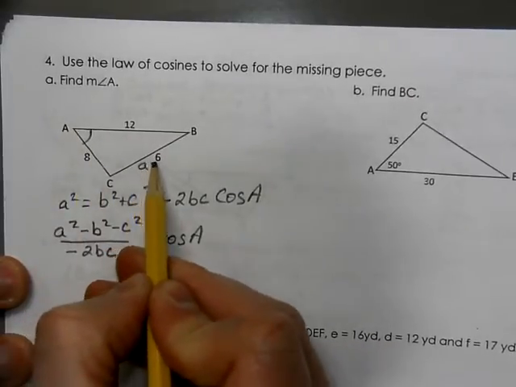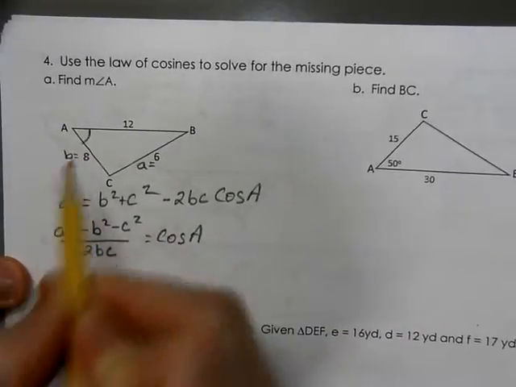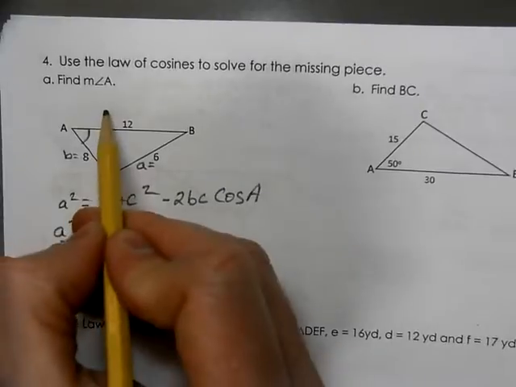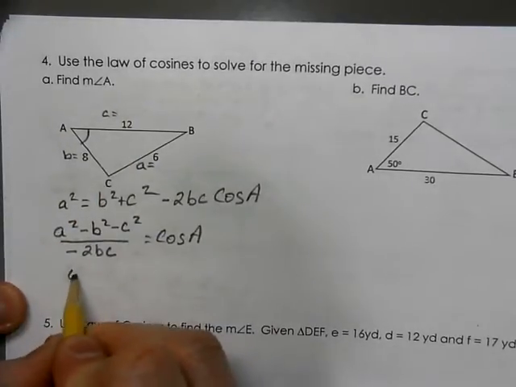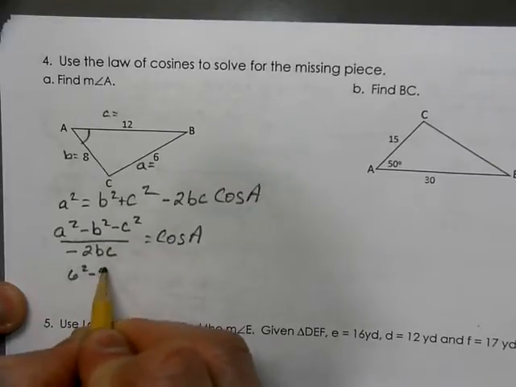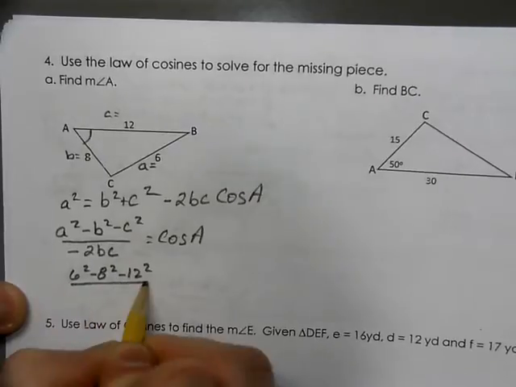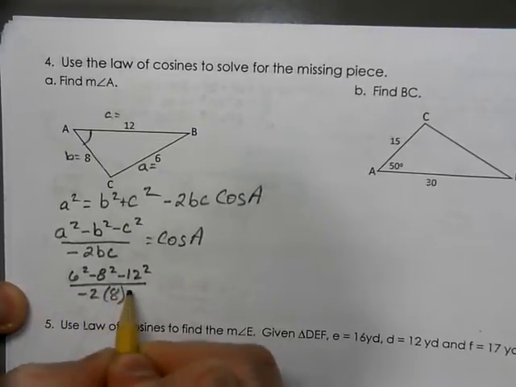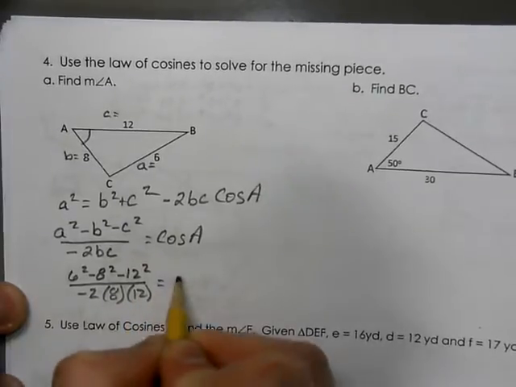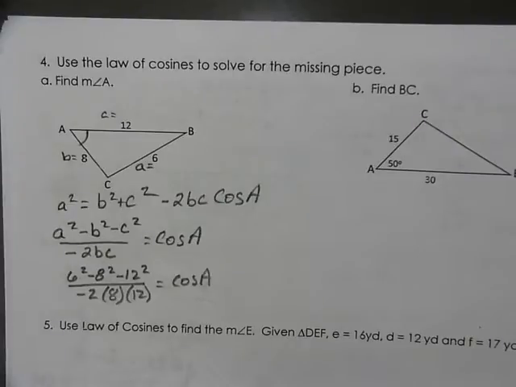Across from the A is the 6, which is the length of A. Across from angle B is side B. And across from angle C is side C. 6 squared minus 8 squared minus 12 squared all over negative 2 times 8 times 12. That's our cosine of A.